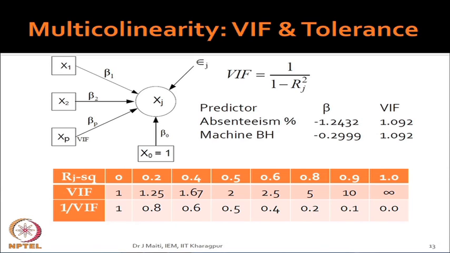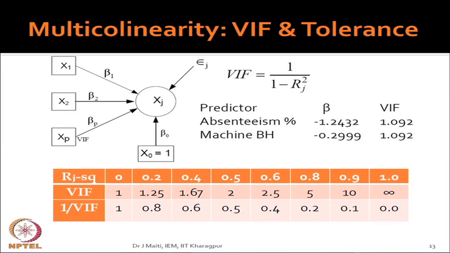Now, what VIF value should we consider? Basically, we say if the VIF value is 10 or more, this means high collinearity, a high relationship.